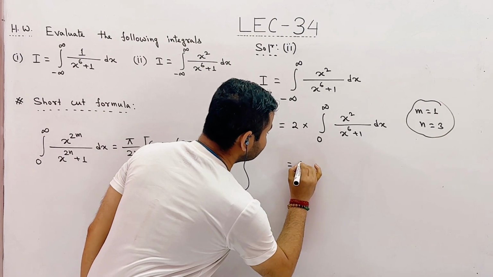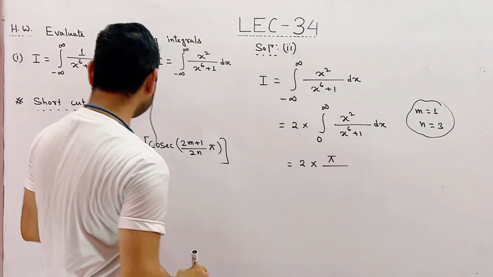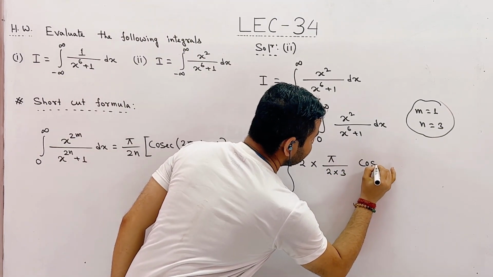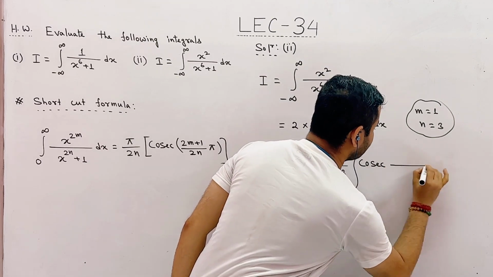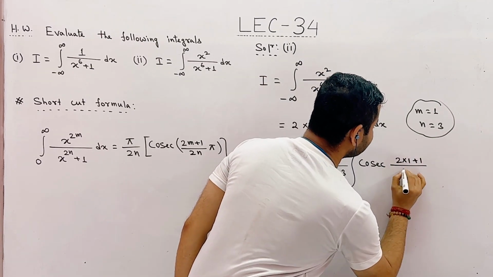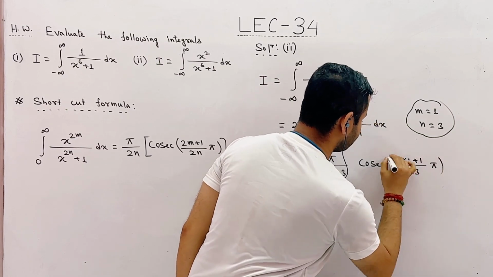So, we will get 2 into pi divided by twice n, 2 into 3, cosec of twice m, 2 into 1, plus 1 divided by twice n, 2 into 3, into pi.